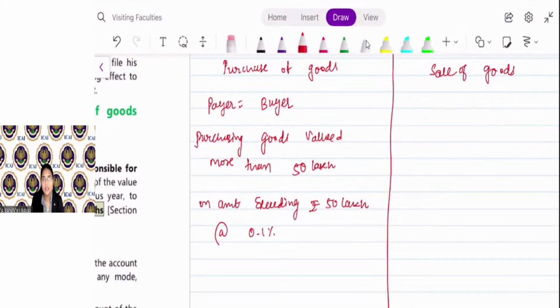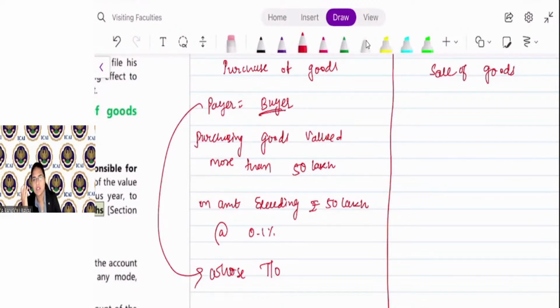Here again, the definition of buyer is given. This section is applicable to those buyers whose turnover during the previous financial year, that is during the immediately preceding previous year, meaning the year before the year for which you are calculating.